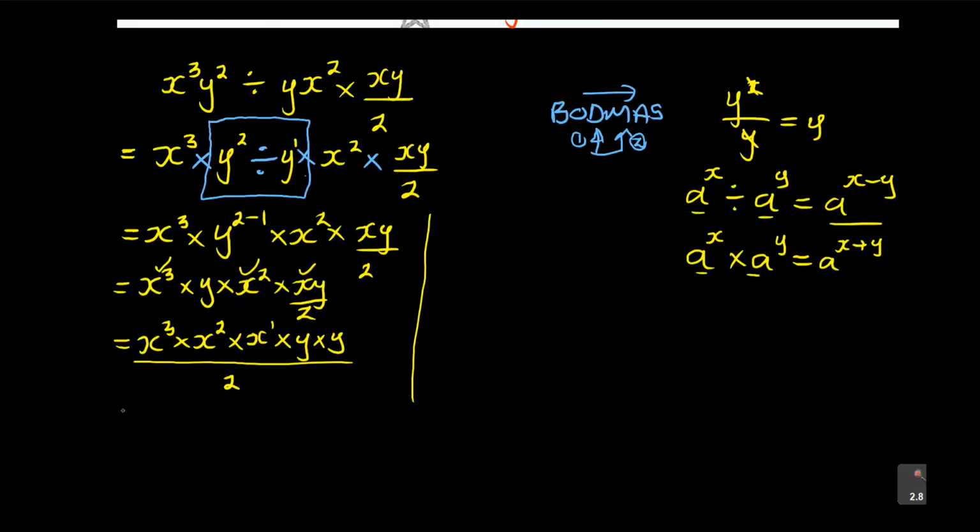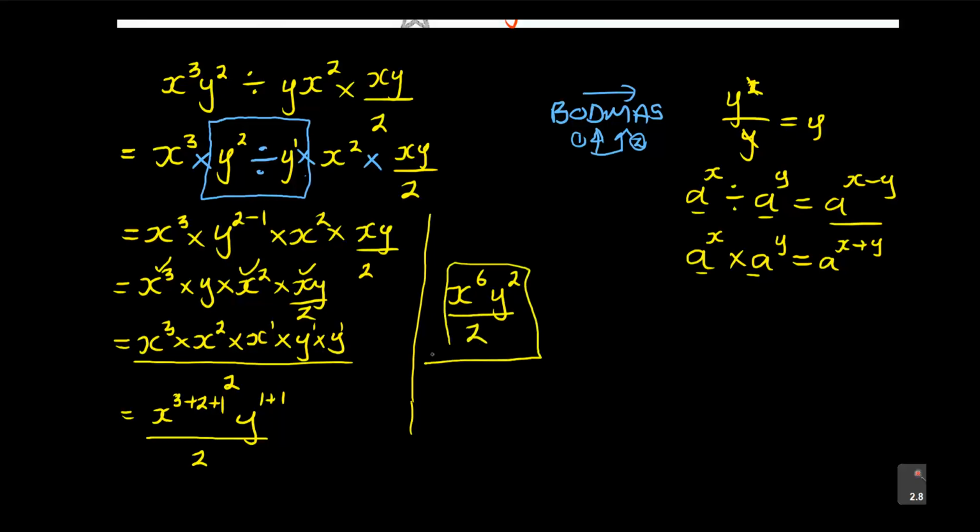So that's what I want to use, which is equal to x to the power of 3 plus 2 plus 1, y to the power, there is 1 and 1 there, which is 1 plus 1, all over 2. So when I simplify, it will be x to the power 3 plus 2 is 5, plus 1 is x to the power of 6, y to the power of 2, over 2.